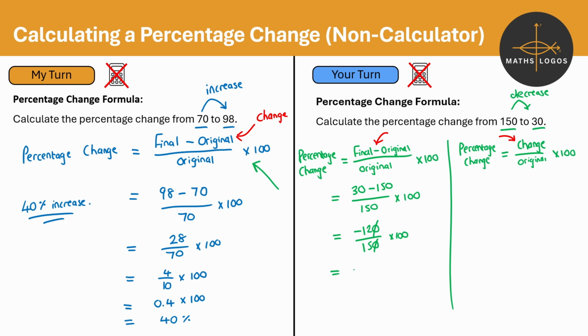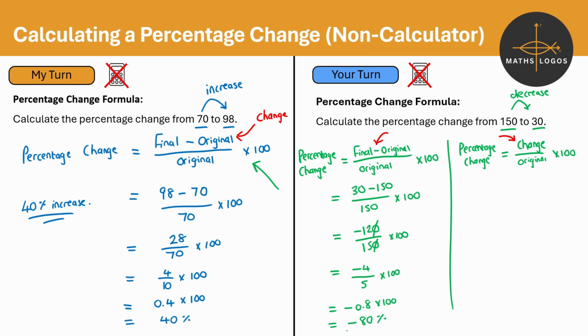So negative 12 divided by 3 is negative 4, and 15 divided by 3 is 5. I get negative 4/5 multiplied by 100. Negative 4/5 is negative 0.8 as a decimal multiplied by 100, and this is equal to negative 80%.